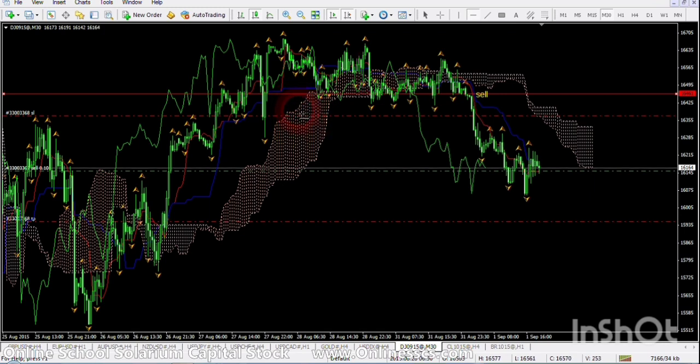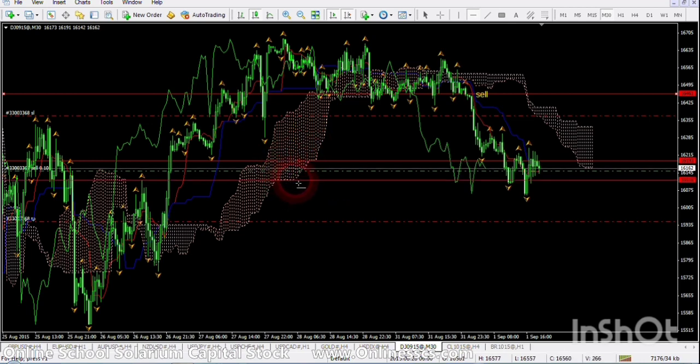I look at the cloud, the past cloud. I don't care about the future right now. I want to see the past and see what places have a flat. Here we didn't have it. It should be completely flat.